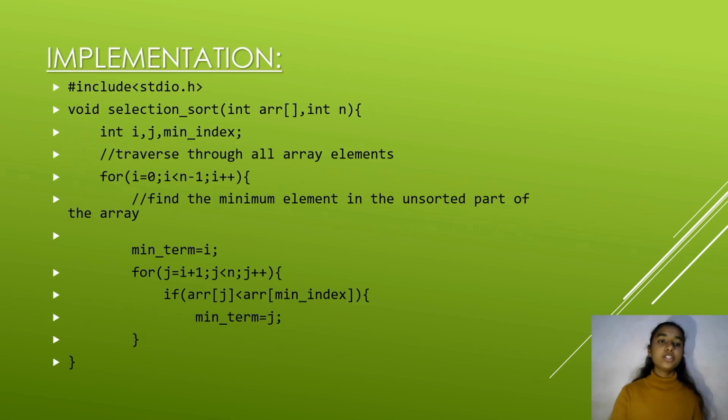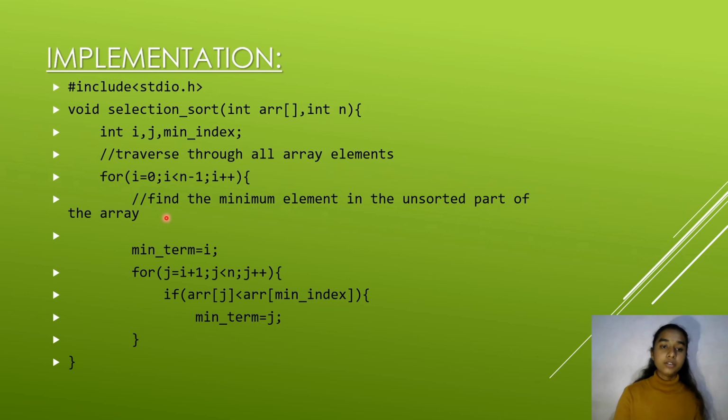Let's see the implementation of selection sort. This hash include stdio.h, we all know this is a library element. For traversing all the elements in the array, we are using a for statement, that is for i equals 0, i less than n minus 1, i plus plus.